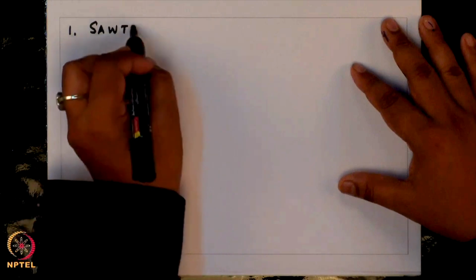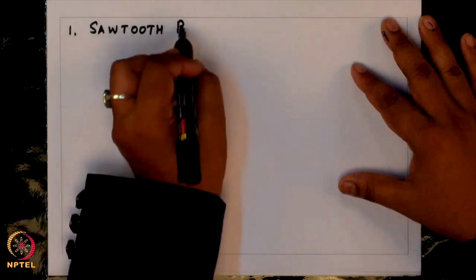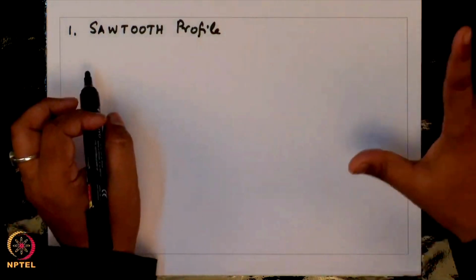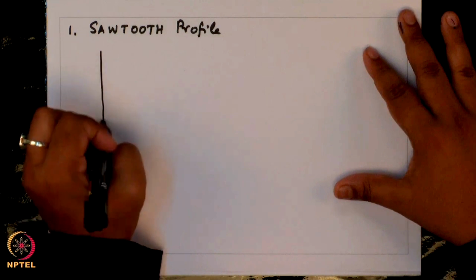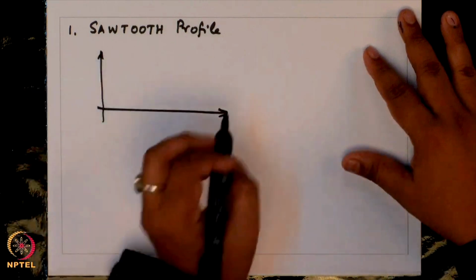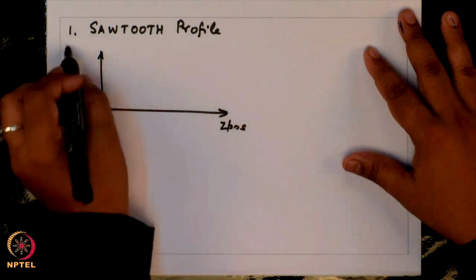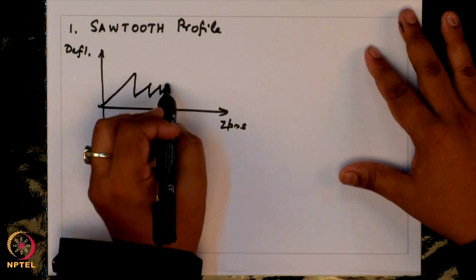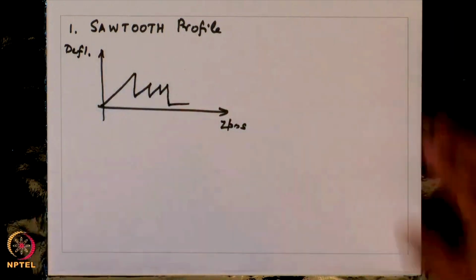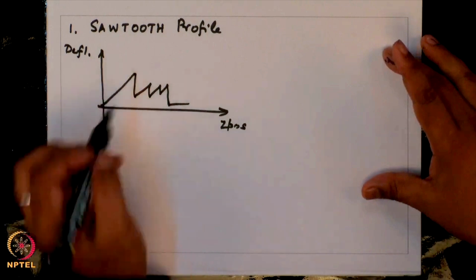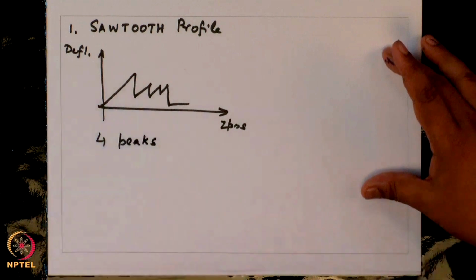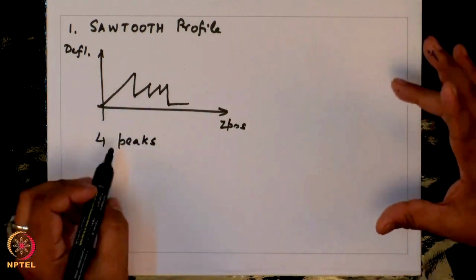One, I introduced the sawtooth profile. When you do protein unfolding studies with sparse concentrations and you pull a protein with an AFM, your sawtooth profile looks something like this. In this case, you see there are 4 peaks. How do we assign these peaks?